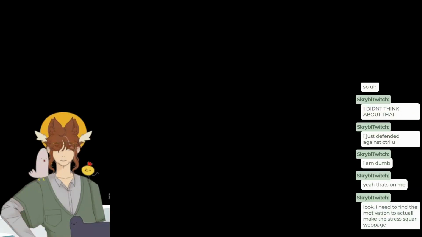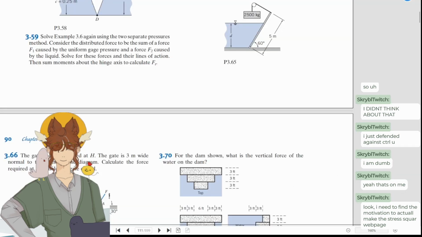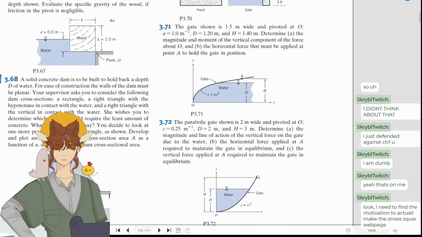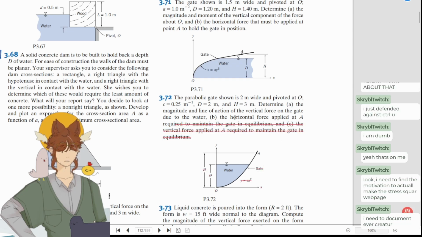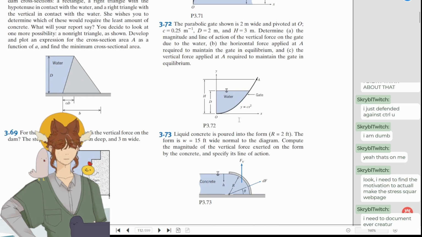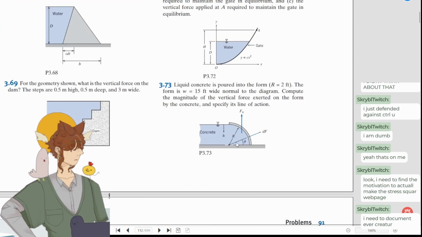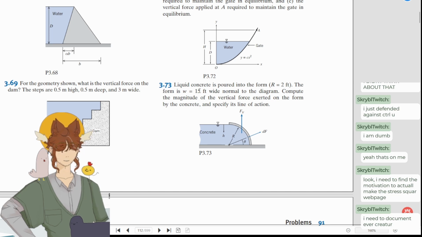Okay, I need the motivation to make the actual stress page. So real. Here we go. What do we like? Okay, we gotta have a curved one. This one right here doesn't look too bad. This is the one we did. I did not mean to strike through that. This one could be good. This one could be good. I need to document every creature.